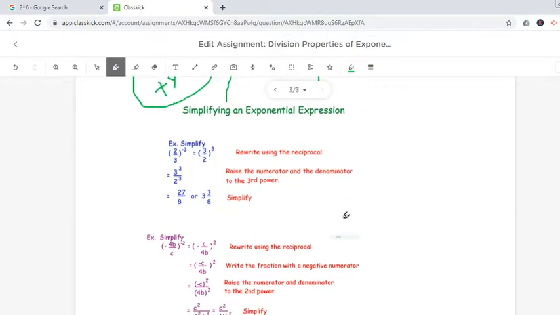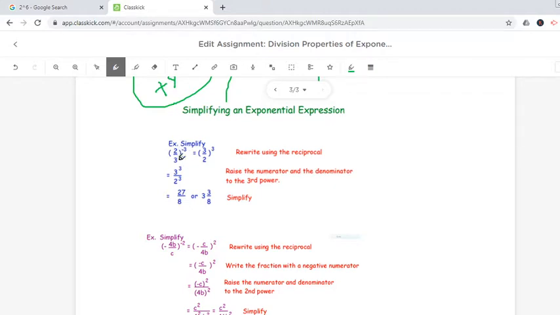Okay, so next part, simplifying an exponential expression. So we have 2/3 to the negative third. So we have a negative exponent here. So we're going to rewrite using the reciprocal. And the reciprocal means that we flip the fraction.